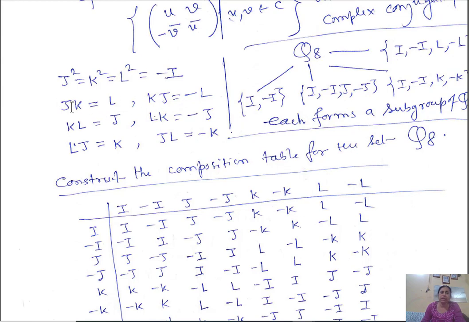You can see from here also: JK and KJ are not the same, KL and LK are not the same. So Q8 is a non-commutative group. And as subsets, these non-empty subsets form subgroups.